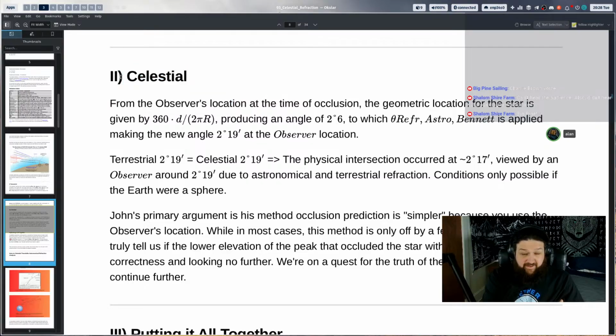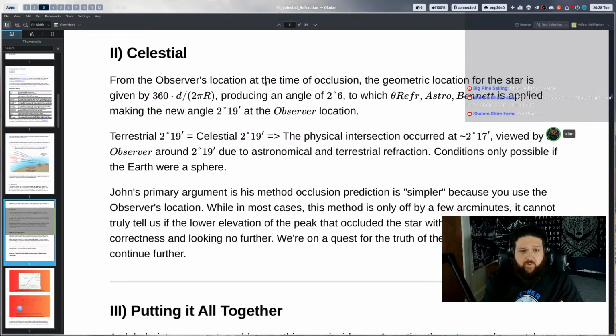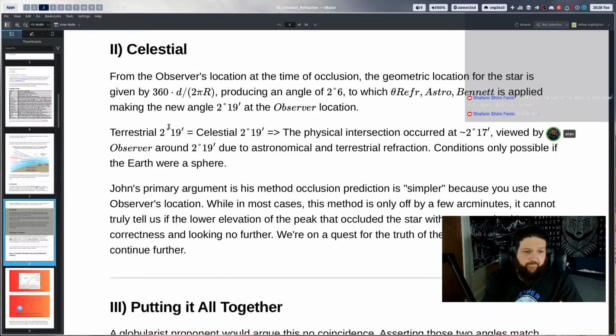Now the celestial component, where the starlight is coming in from, is taken into consideration. From the observer's location at the time of occlusion, the geometric location of the star is given by 360 times the distance over 2 pi r, producing an angle of 2 degrees and 6 arc minutes, which the astronomic refraction from Bennett makes 217, and then they add the 2 for the terrestrial refraction, giving it 219.